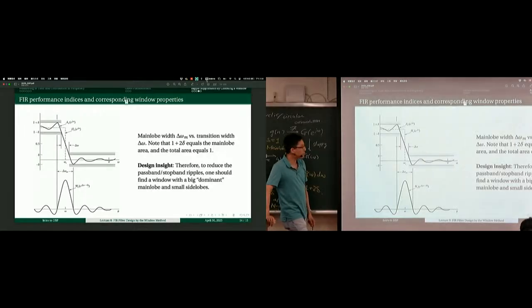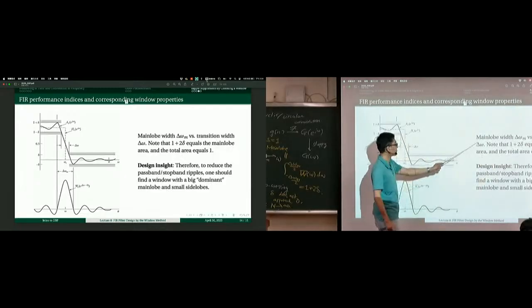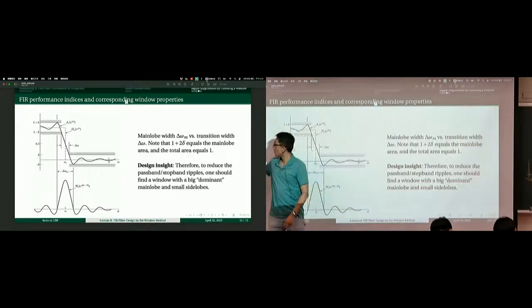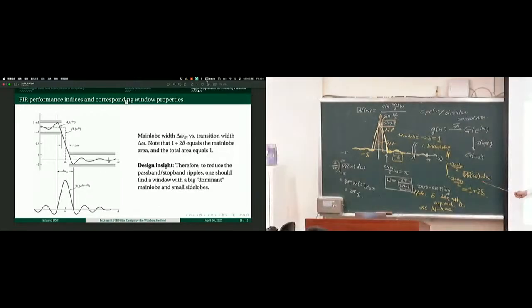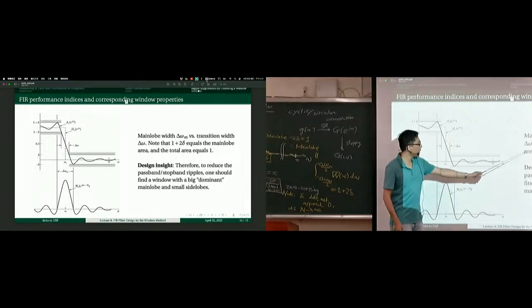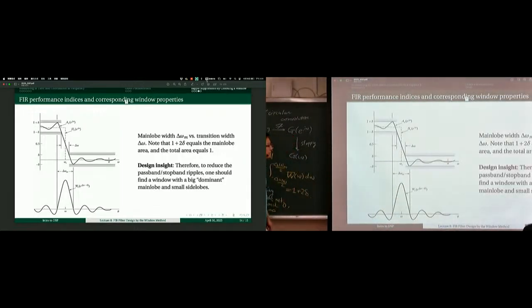So, main lobe width versus transition width. And note that 1 plus 2 delta equals the main lobe area right here, and the total area is 1, after normalization by 2 pi.